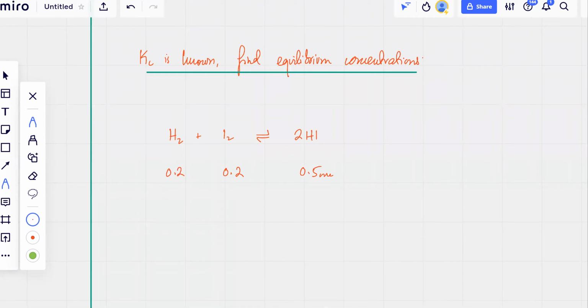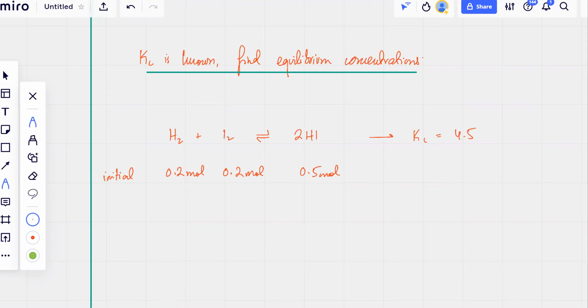Those are some things that are already provided. Those are your initial moles, and no other information is given. The only thing that's given is that Kc has a value of 4.5.